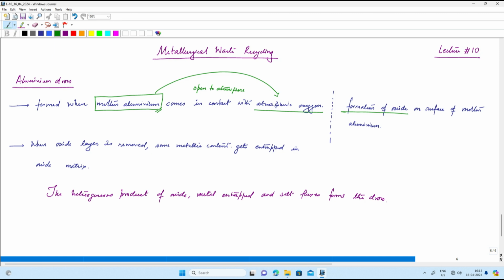When this is done, some metallic content, molten aluminium, gets entrapped in the oxide matrix. The oxide that is generated will entrap some molten aluminium, the metallic content, and be removed along with the oxide itself.